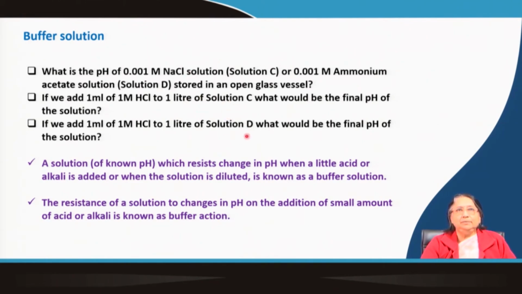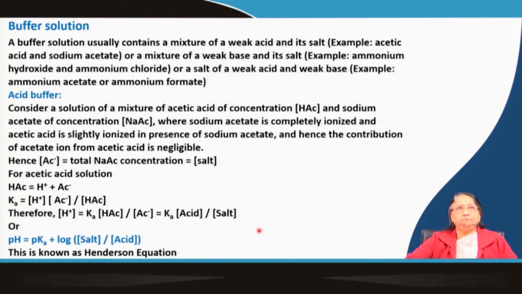That is why it is called a buffer solution, and it is called the buffer action. This has enormous application in analytical chemistry, environmental chemistry, and many process engineering areas. So we have to know how it acts and what the mechanism is.